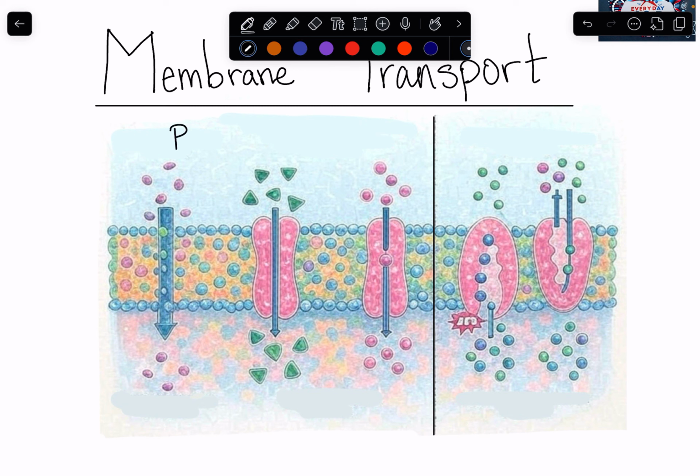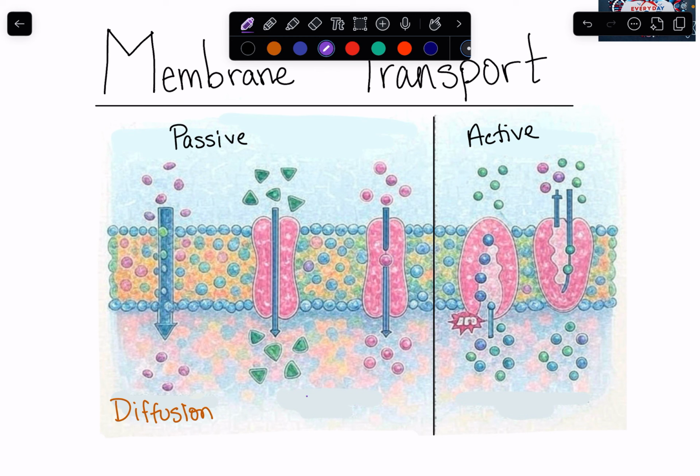So when we talk about passive transport, we'll put passive on this side, and we'll put active right here. In passive transport, we have two specific types. First, we have diffusion.